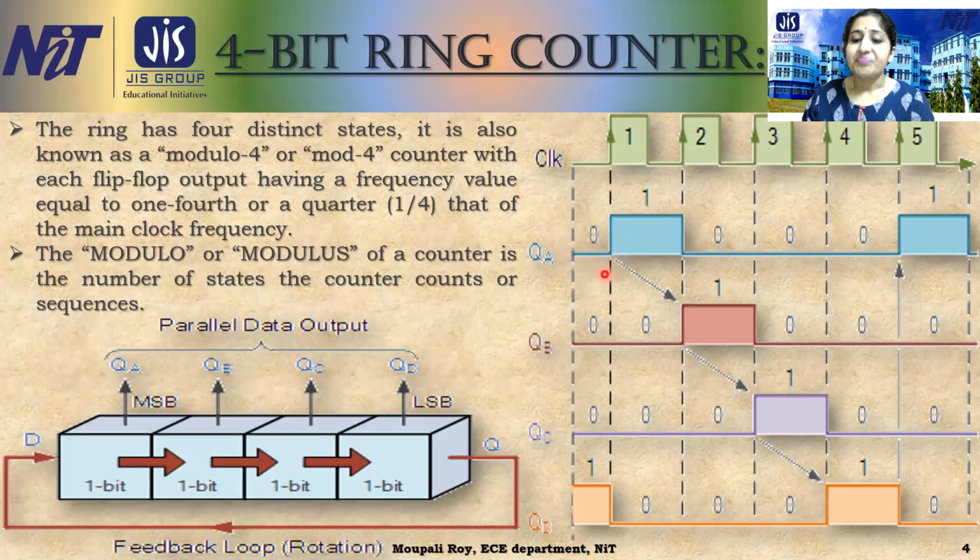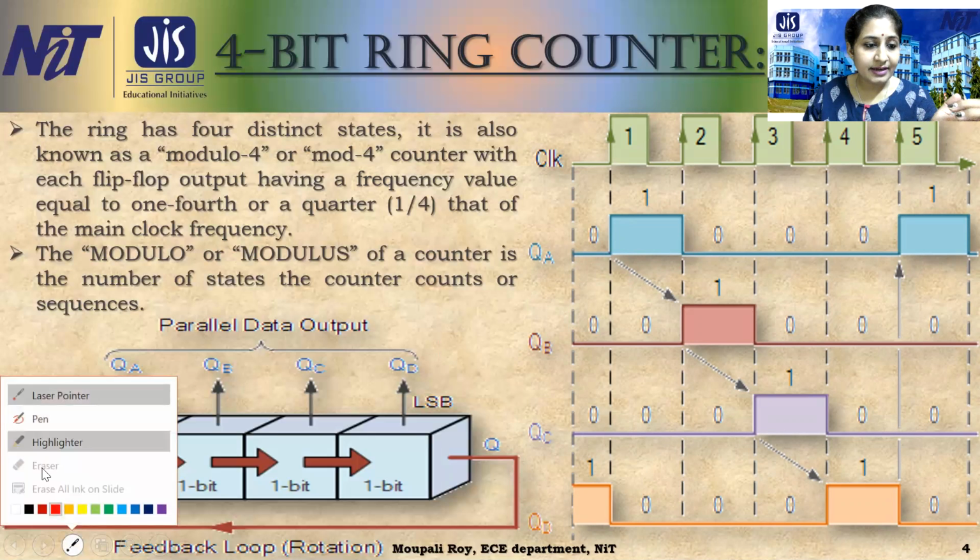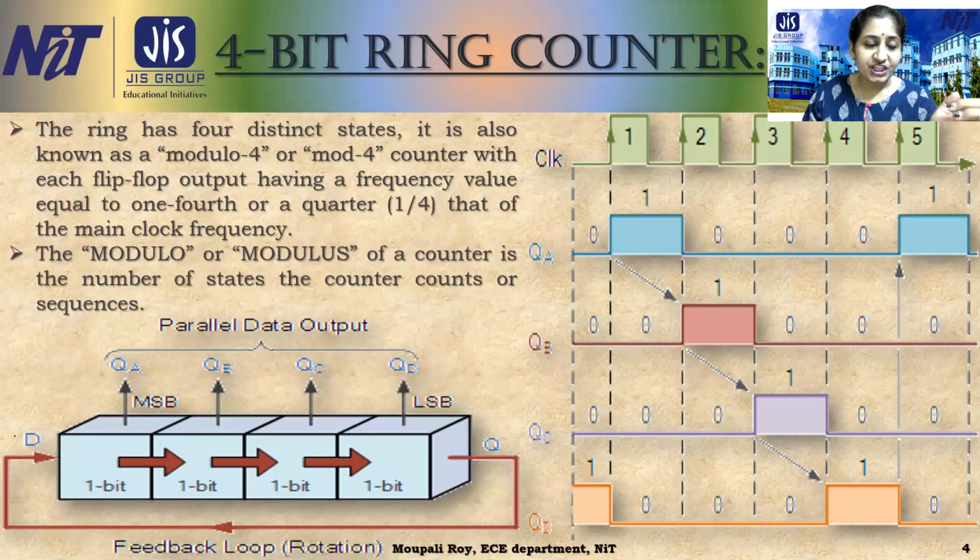Then we give 1 to QA, and the output of QA becomes 1. Suppose initially we give it as 1, and all the others remain 0, 0, 0.